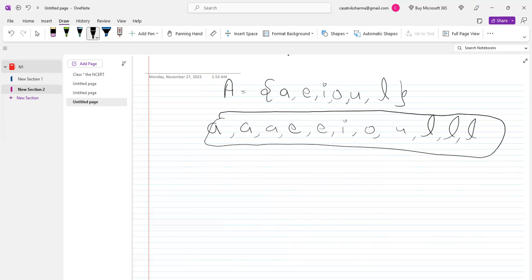E is 2 times in the data and we represented it as a single element in the set. L is 3 times in the data, we represented it as a single element in the set. However many times a particular element occurs, we write it only once. Not L, L, L in the set, only one L. So that's enough for the understanding.